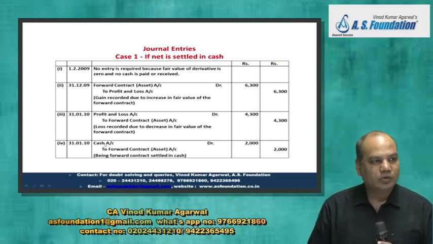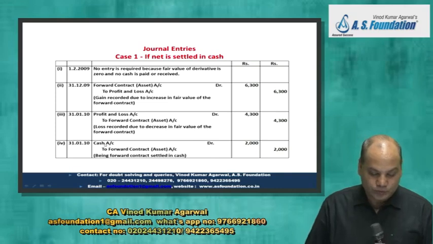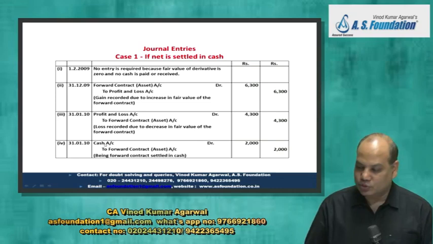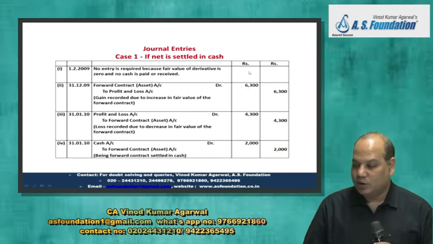Is it right? Now the question is not over. If the net amount, 2,000 only, is settled by delivering shares of Future Limited, so tell me, dear student, will the entry number 1, 2 and 3 change?